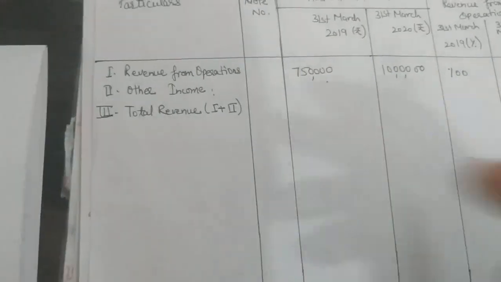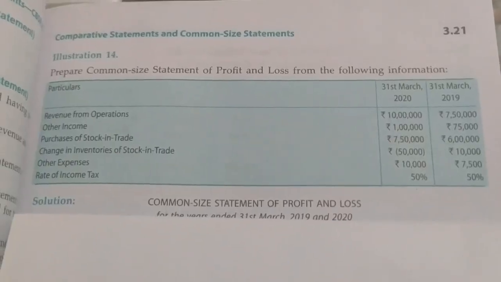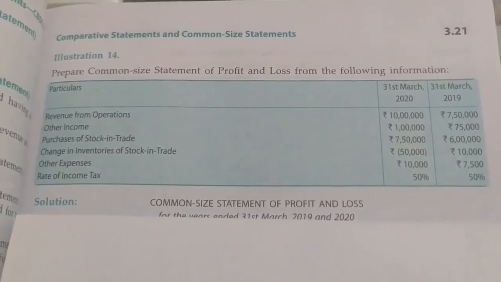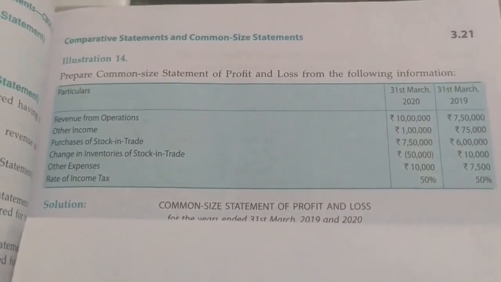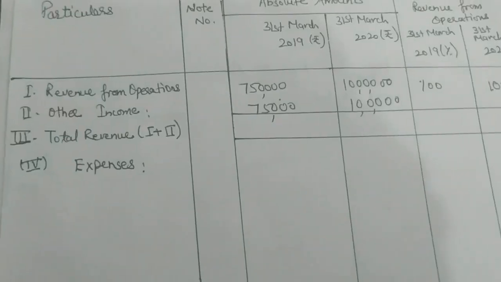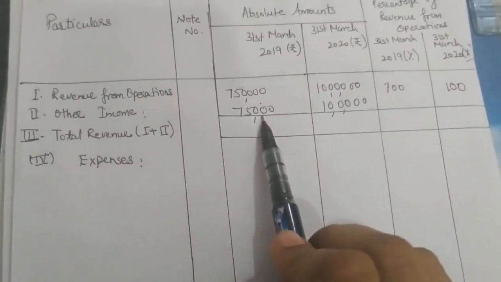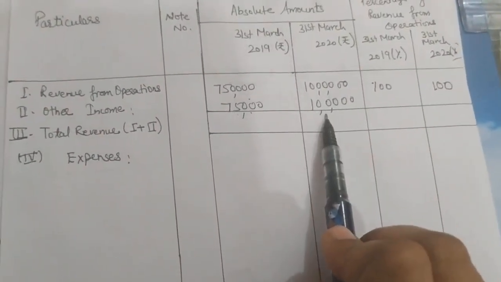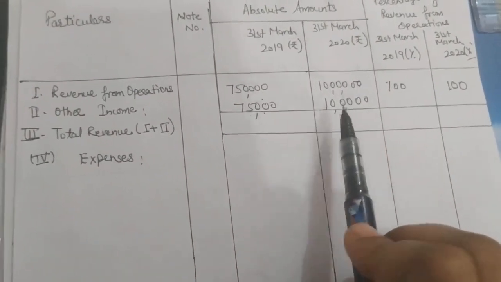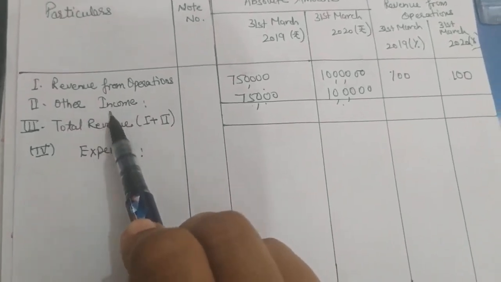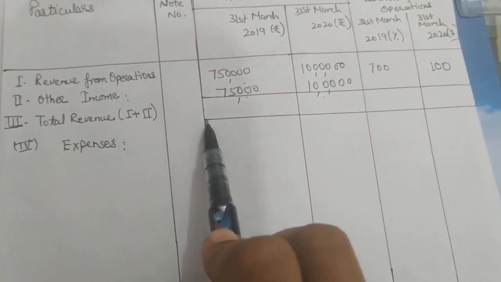Next, other income is given in the question: 75,000 for the previous year and 1 lakh for the current year. So I will write it in the answer. I have written here 75,000 of 2019 and 1 lakh of the current year. Now we will do the total of this, first plus second, which will be the total revenue.